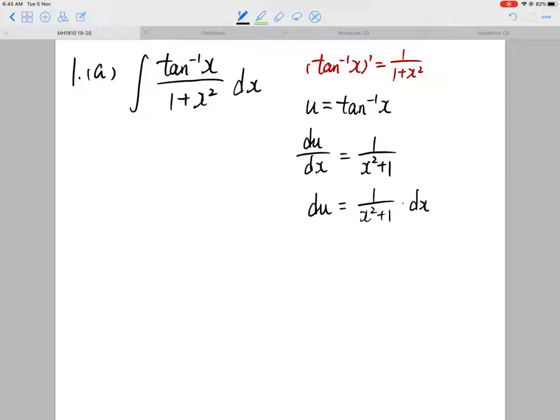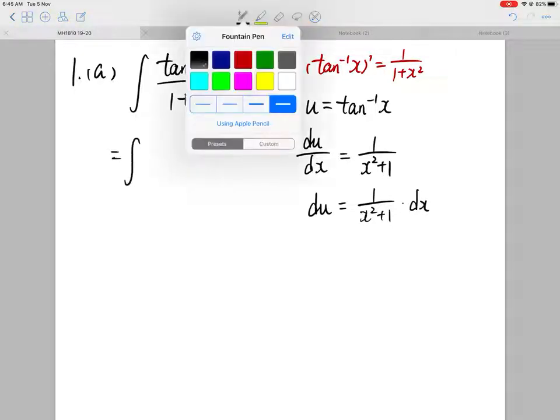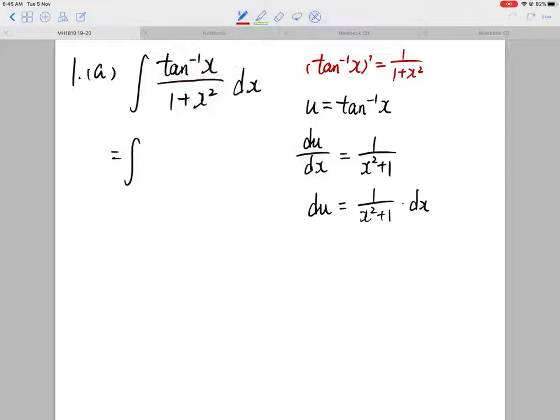Right, so first my tangent inverse x is u, right? And then this part, du times 1 over 1 plus x squared, which is dx over 1 plus x squared, it is exactly du.